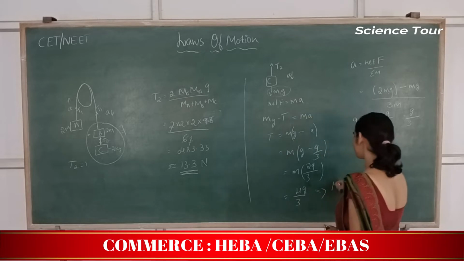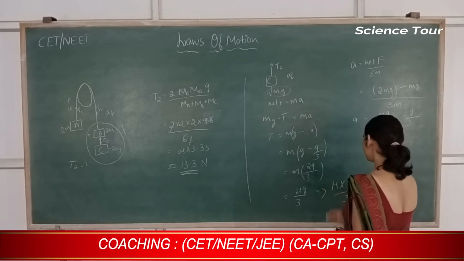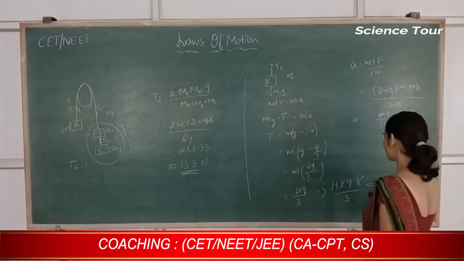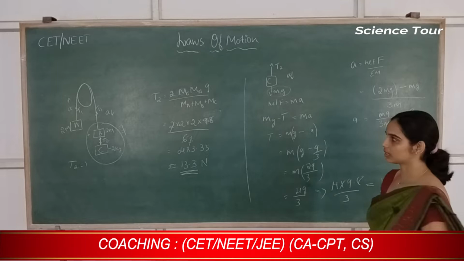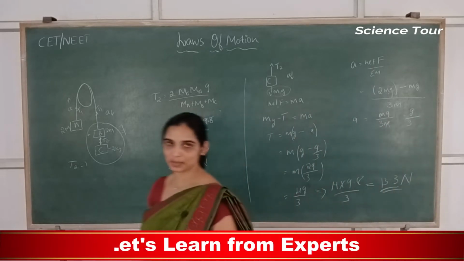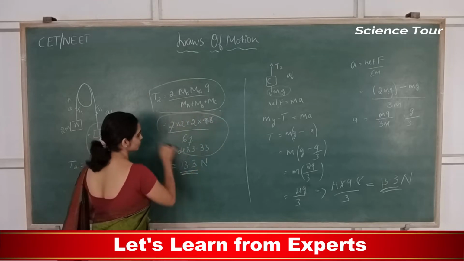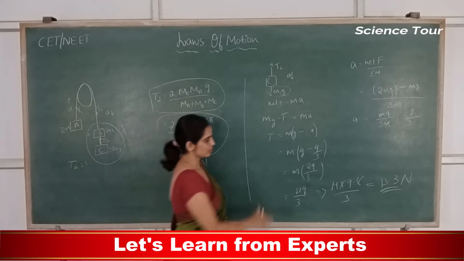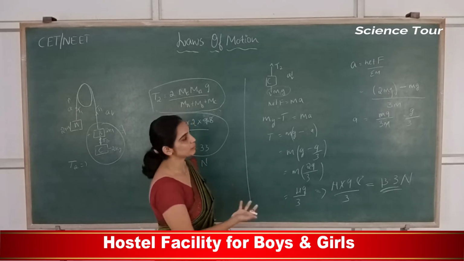Substitute the value, 4 into 9.8 divided by 3, which is equal to 13.3 Newton. This is another way. This is just 2 steps: formula, substitution, you will get the answer. This is a couple of steps, but more accurate.